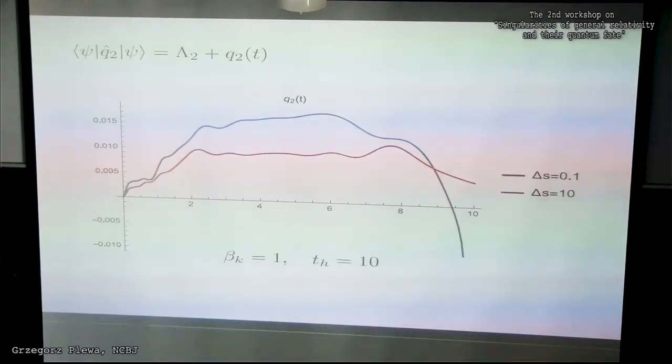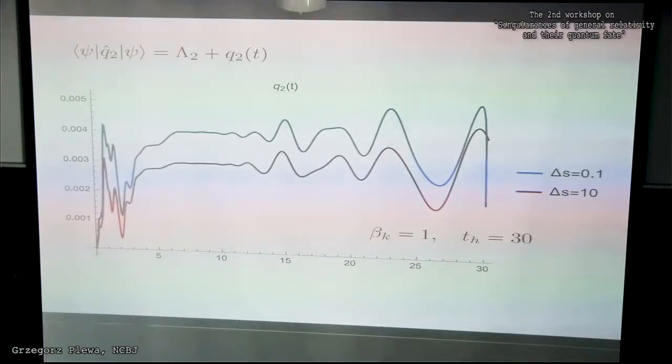And now for Q2, which is also related to another scale factor of the universe, the situation seems to be, at least at first sight, qualitatively different. However, we can also find some oscillations.